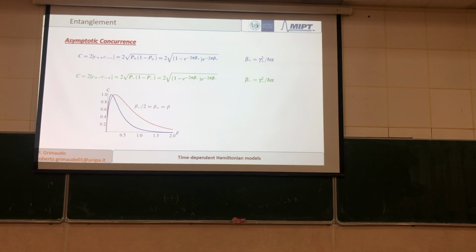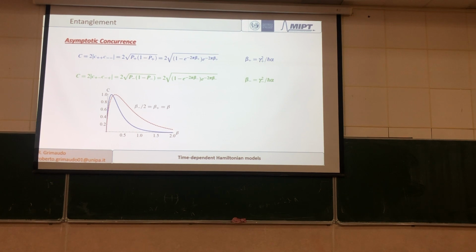The concurrence is a theoretical measurement for the entanglement between the two spins, and it can be written in terms of the two Landau-Zener probabilities we found before. If we plot, for example, the first curve against the parameter beta, we have this blue curve.